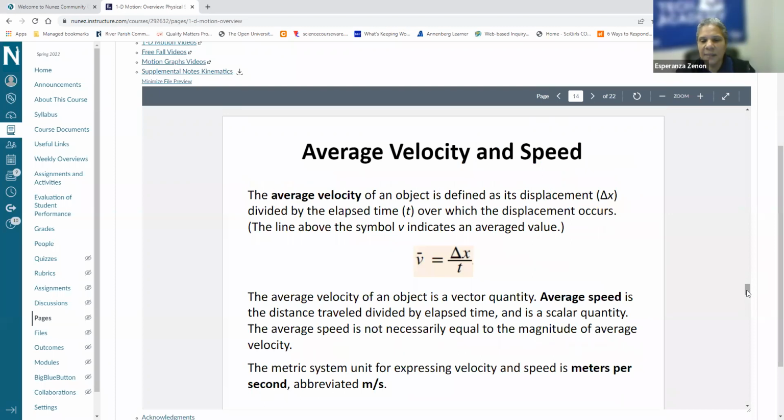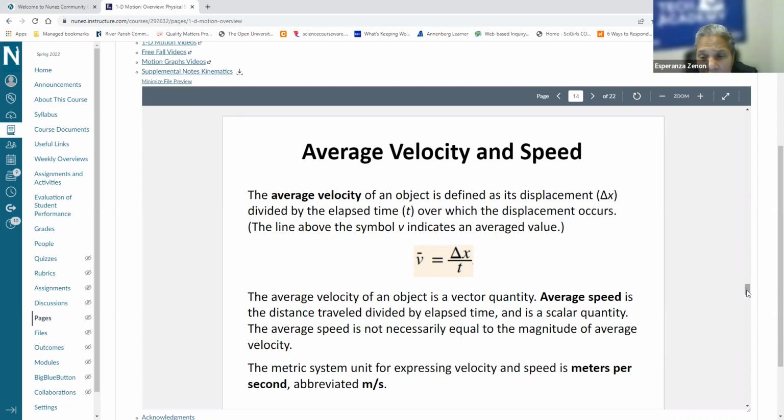Average velocity and speed. So average velocity is a property that we measure for an object. And what it allows us to do is look at the displacement divided by the time. Average means take the displacement.